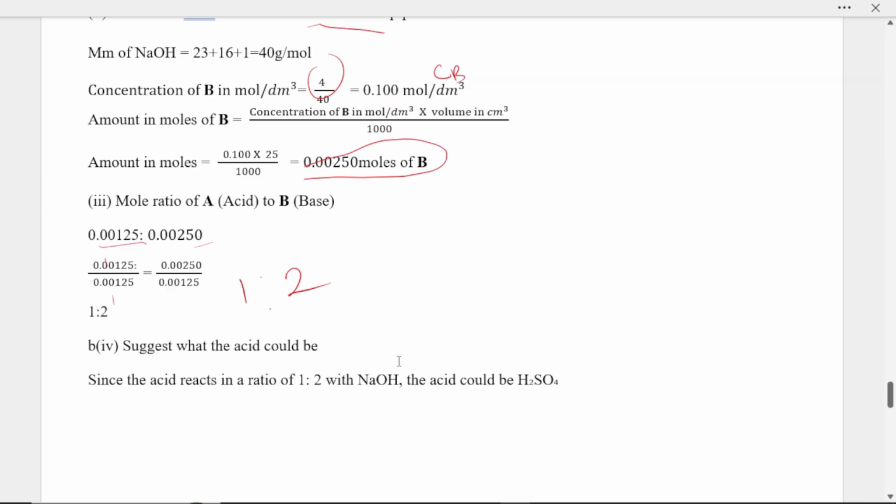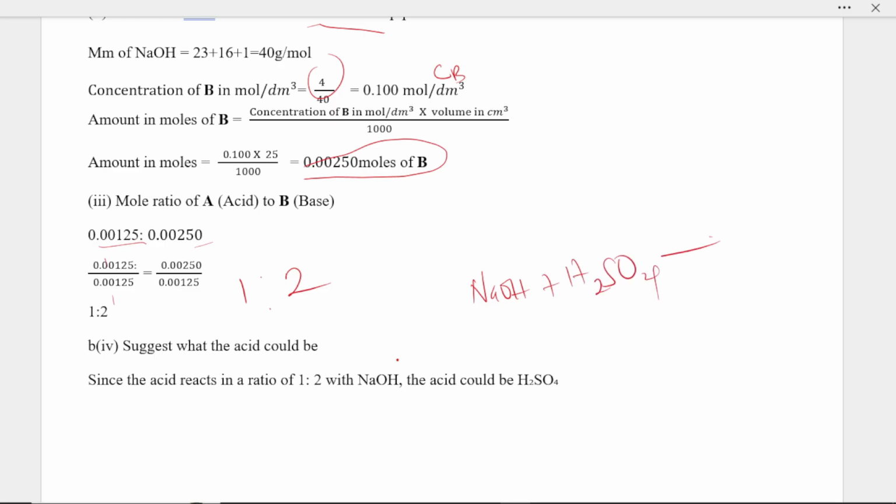Now, if you are asked to suggest what an acid is, because you assume that the acid is not known, but it has been told that it's a dibasic acid. That means the basicity of that acid will definitely be two. So, of course, our base is NaOH. So, let's suggest a mineral acid. Let's suggest H2SO4.